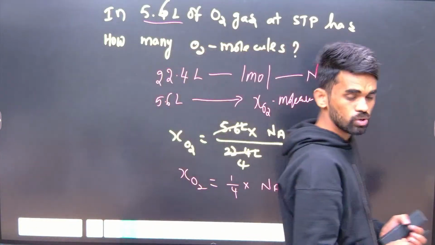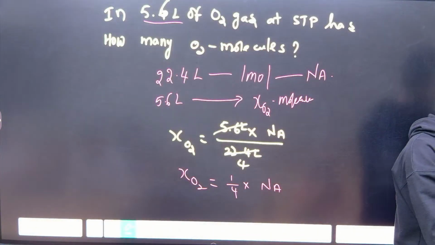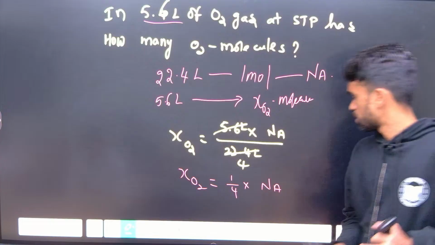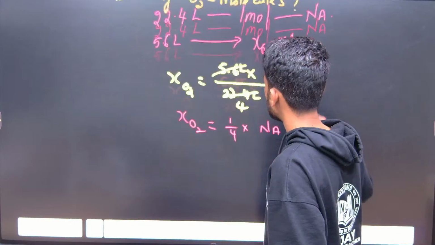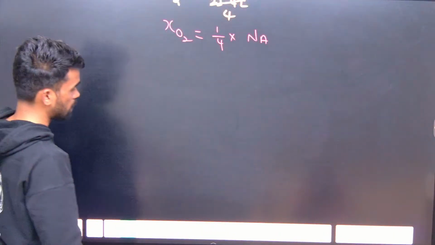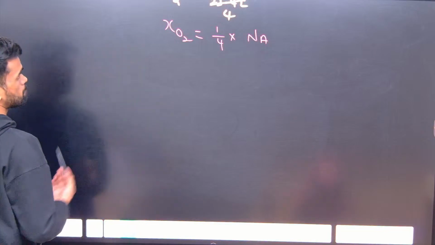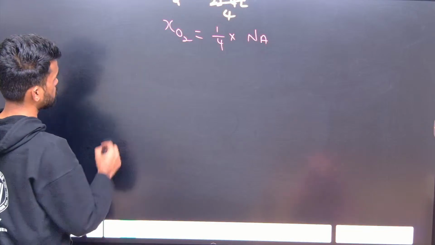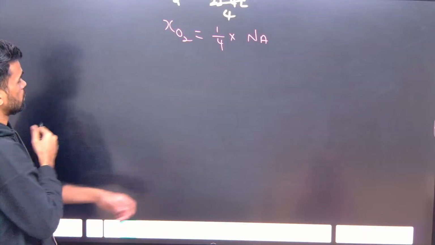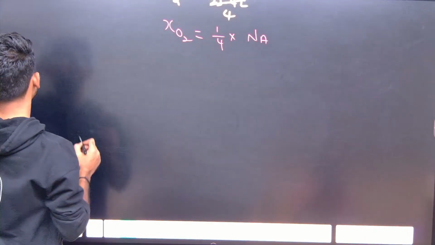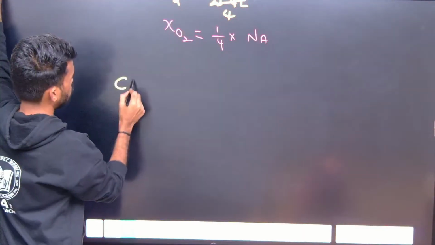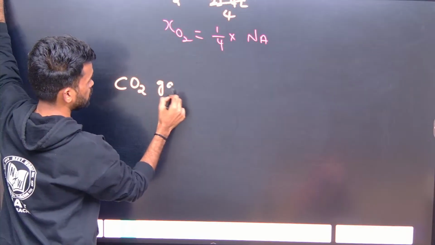Okay. Next. So one last question. Let us move for one more concept, one more modern type. Okay. So now here, what I can give is, let us say, CO2 gas, will take simple one.